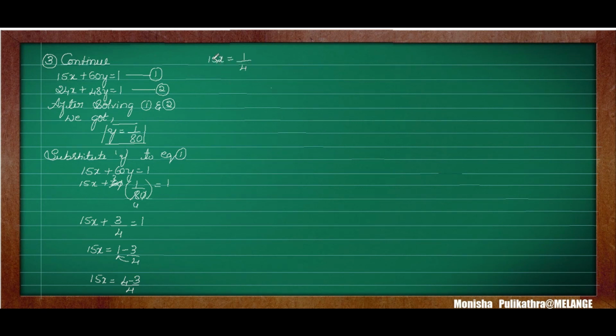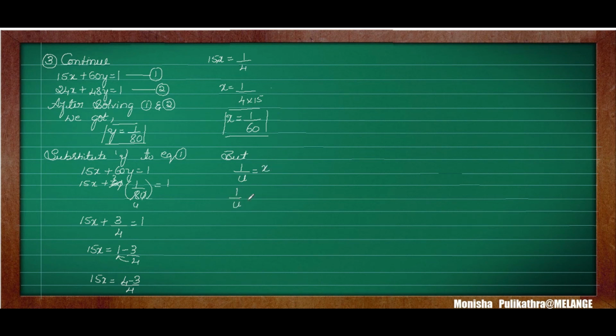So this is multiplication. If we shift it here, it will become divided by. So 1 by 4 into 15. So 15 4s are 60. Okay, so x is 1 by 60. But what we have taken for x and y is 1 by u and 1 by v.